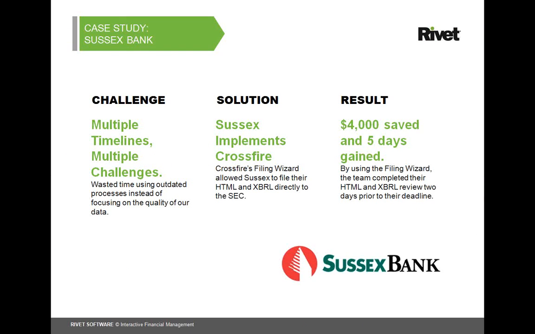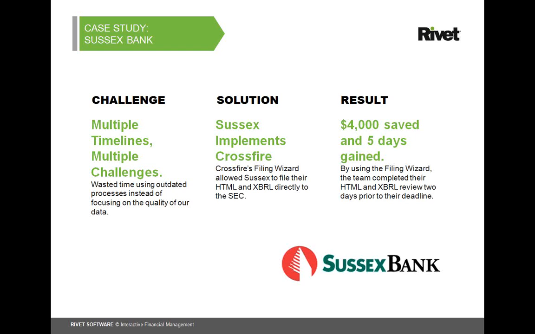Another case study, a company called Sussex Bank. Their challenge was really within the timelines, the process, the challenges with wasted time. Their solution, utilizing a single source system, their ability to test file and then file directly with the SEC, streamlining those last-minute changes and the process of controlling their own timeline.